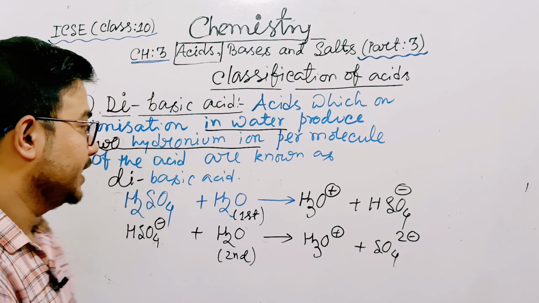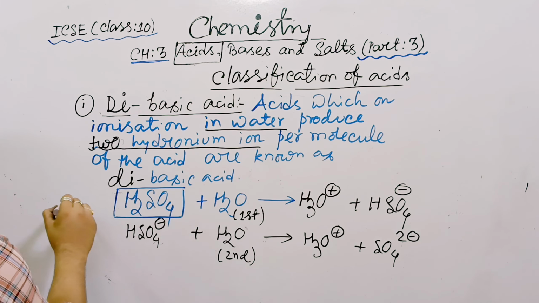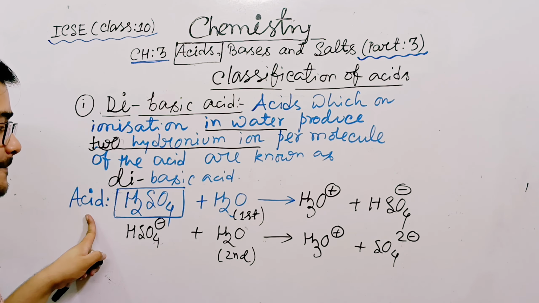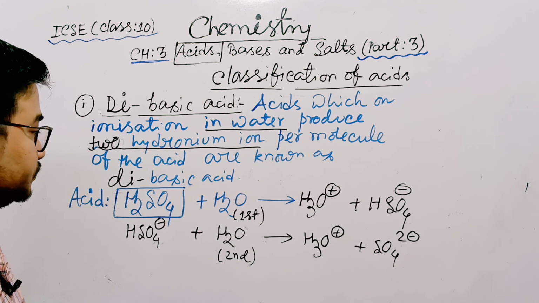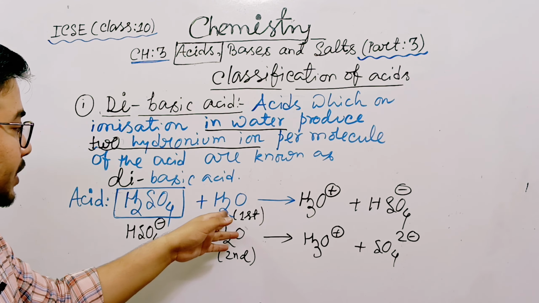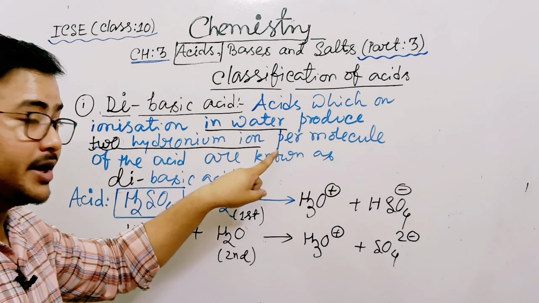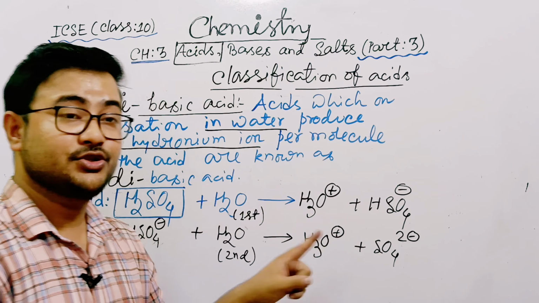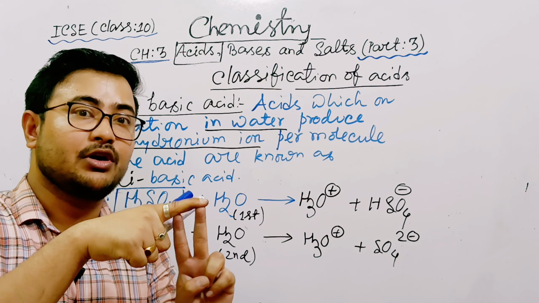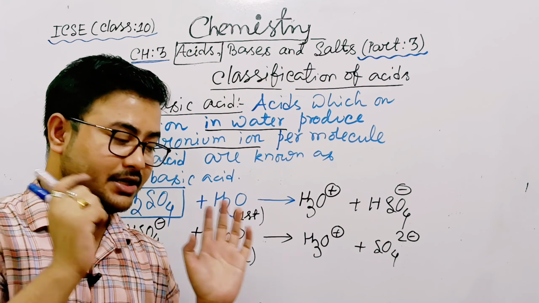Do you understand? Okay. Important point for the board: give focus. This is an acid, and when it dissolves in water, since it is dibasic, it produces 2 hydronium ions in 2 different steps. So monobasic acid dissociates or ionizes in 1 step, dibasic acid in 2 steps, tribasic acid in 3 steps. Do you understand? Okay, done.